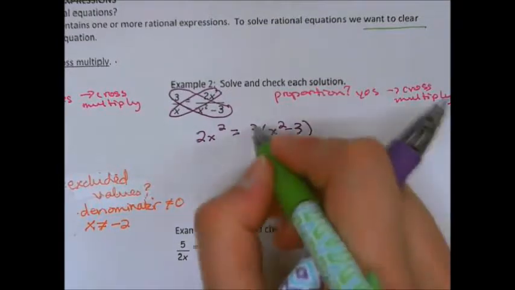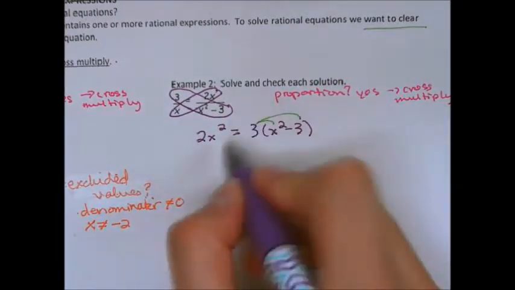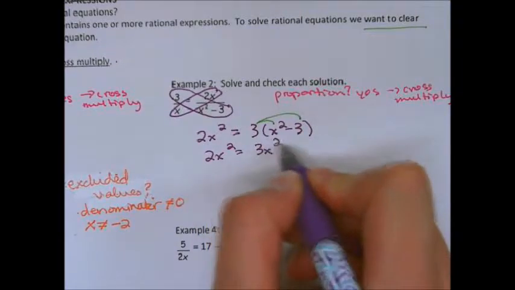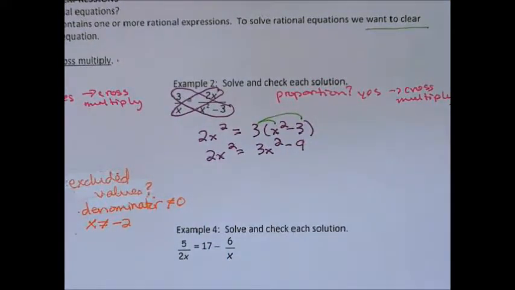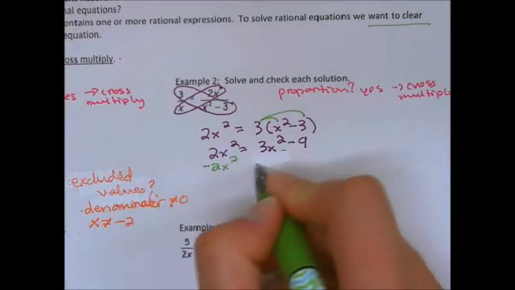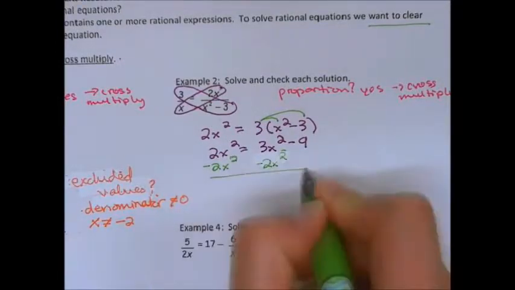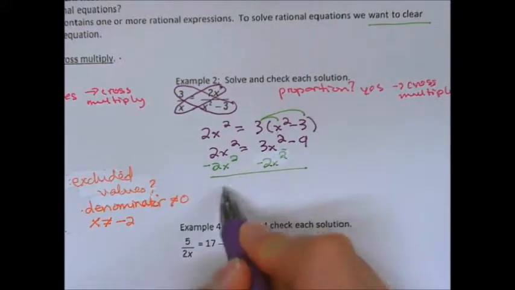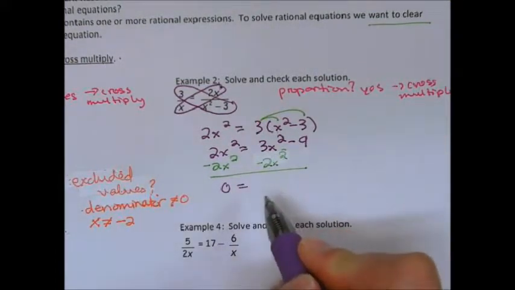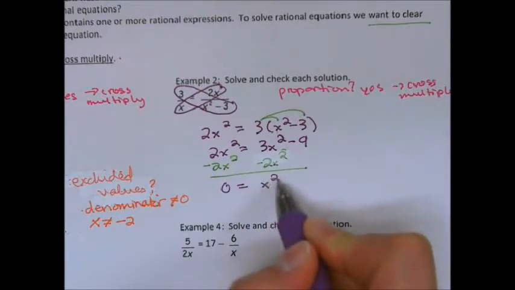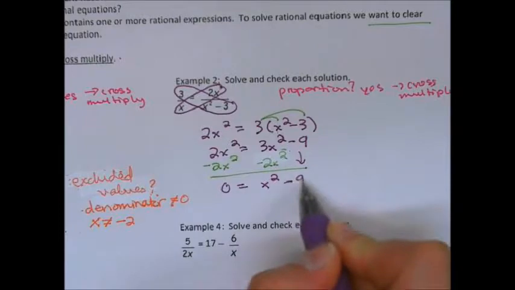We need to distribute there. So I get 2x squared equals 3x squared minus 9. So I'm going to subtract the 2x squared, because whenever we have an x squared, we want to get everything to one side, and it's set equal to 0. 3x squared minus 2x squared is x squared, and then I have minus 9.